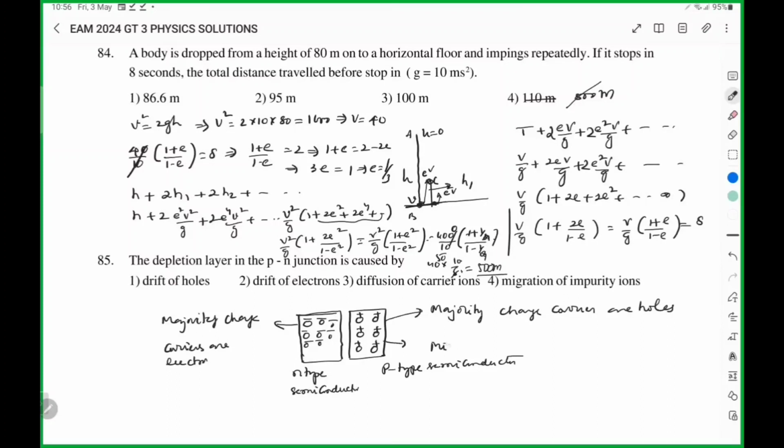There are some electrons, so those are minority charge carriers. Here in N-type minority charge carriers are holes.